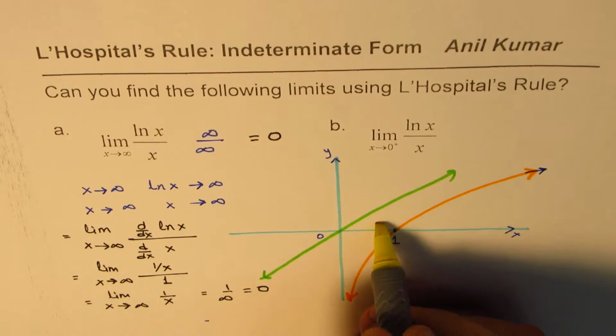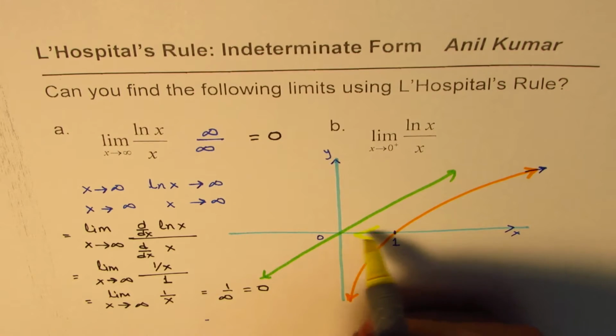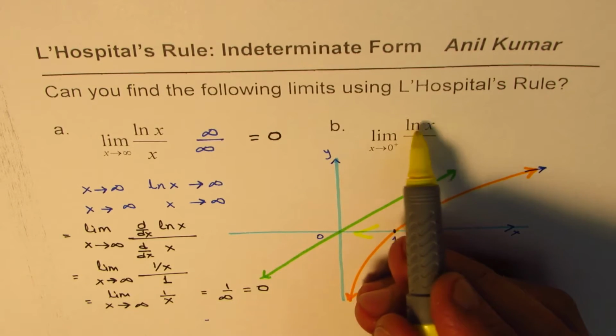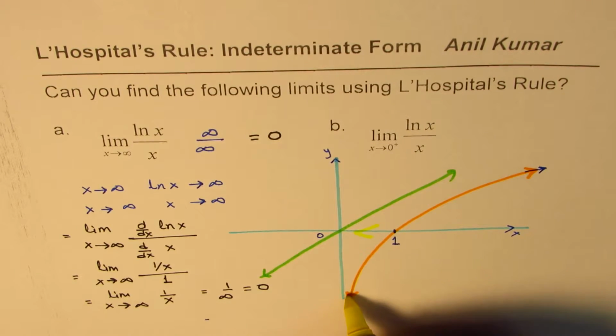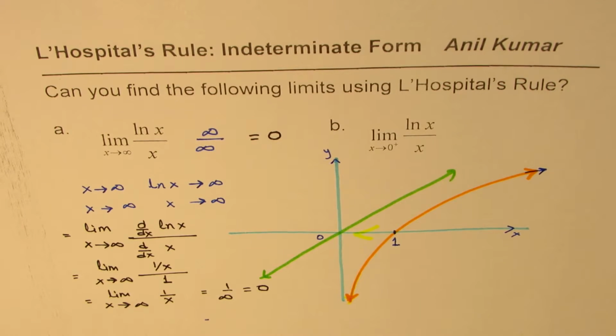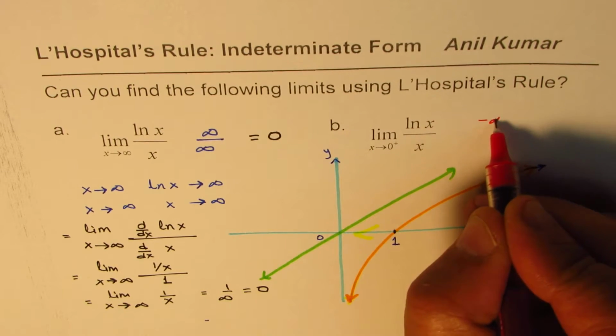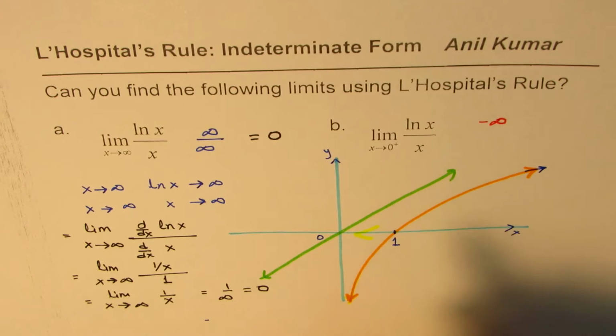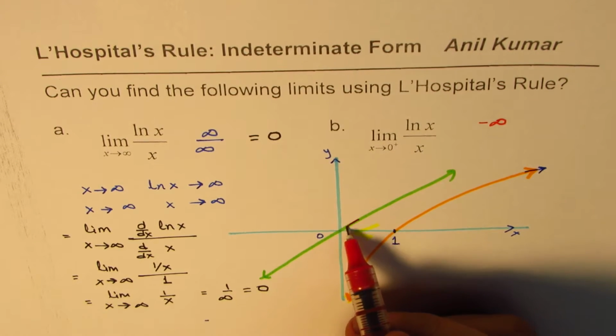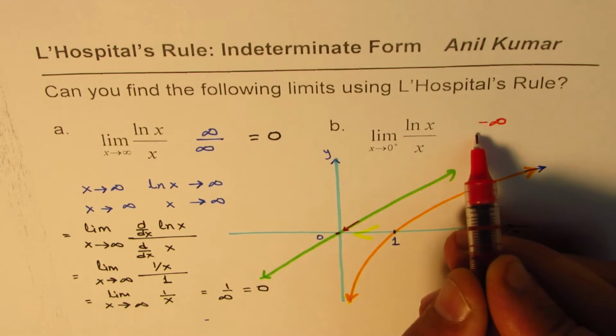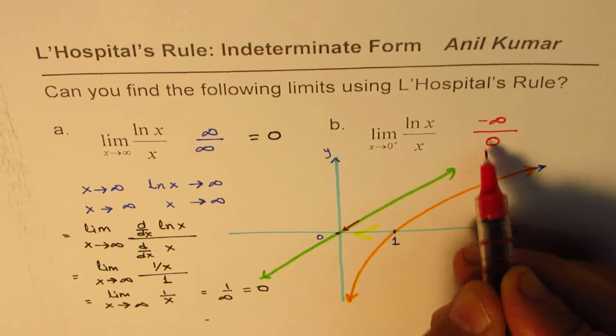That means you're approaching from this side, right? So what happens to ln x? ln x is approaching negative infinity, so we have negative infinity in the numerator. How about the denominator? It is approaching 0. So we have negative infinity over 0.